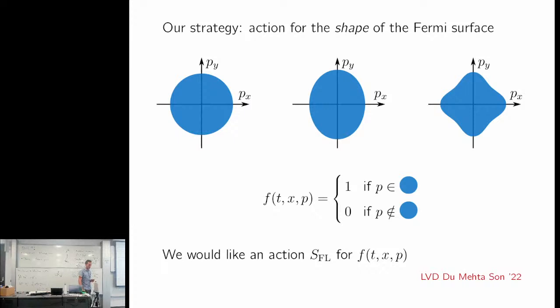But here, I don't think there's a simple answer to that. And I think there are good reasons for there just not to be. Even there, you don't want to study it in bosonic language. Yeah. So here the goal is just to have a bosonic theory that reproduces any bosonic correlation function of Fermi liquids.